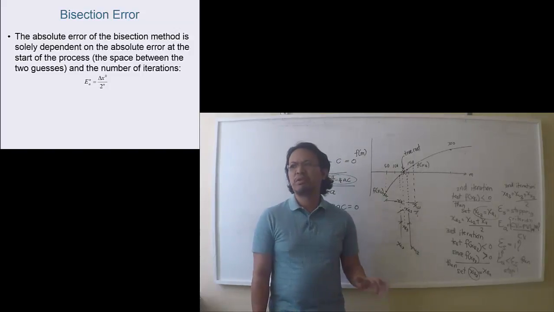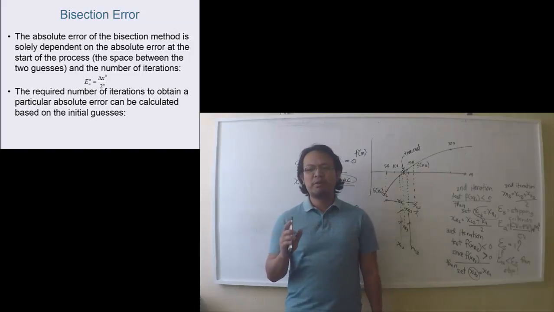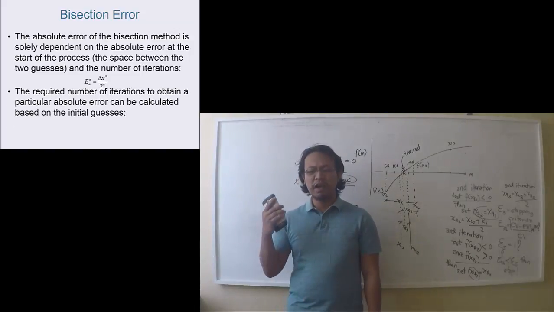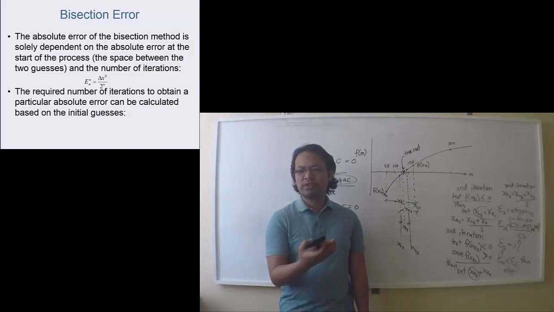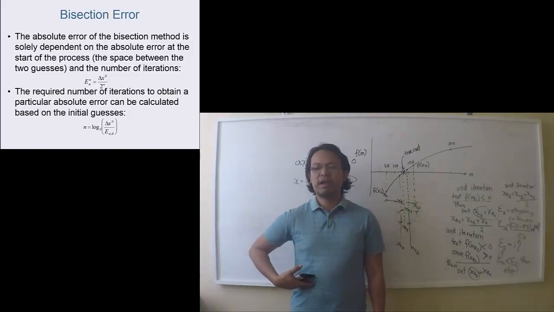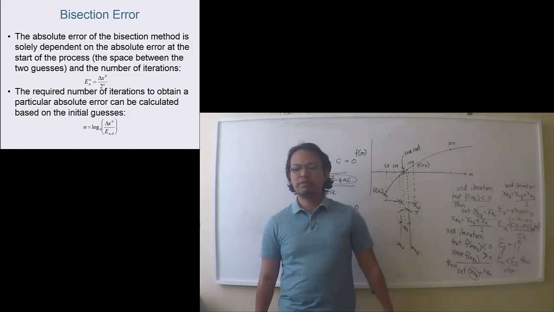The required number of iterations to obtain a particular absolute error can be calculated based on the initial guesses. There is this equation: n equals log 2 of delta x naught over the error.